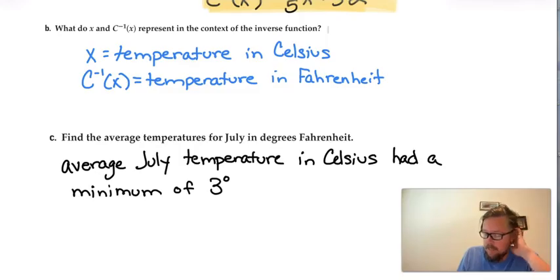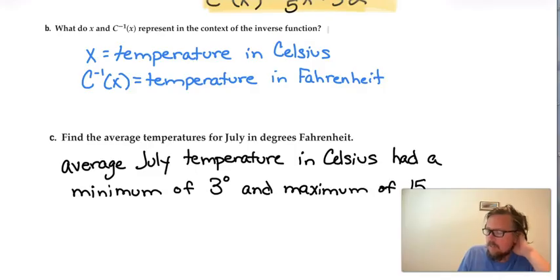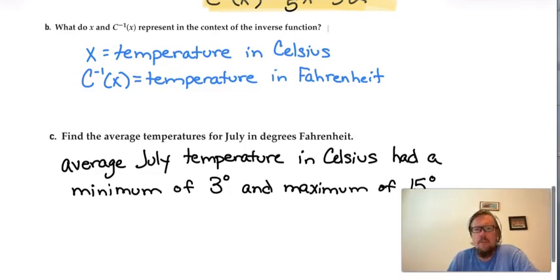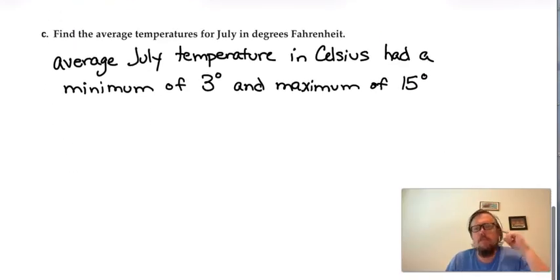Minimum of 3 degrees and maximum of 15 degrees. All right. So 3 degrees Celsius and 15 degrees Celsius were the minimum average and maximum average in July. And I'm an American. I have no idea what that is. I don't know if that's hot or cold.